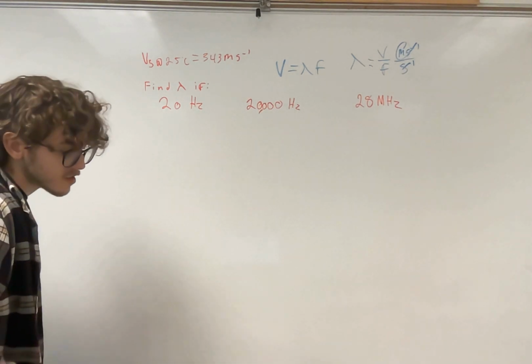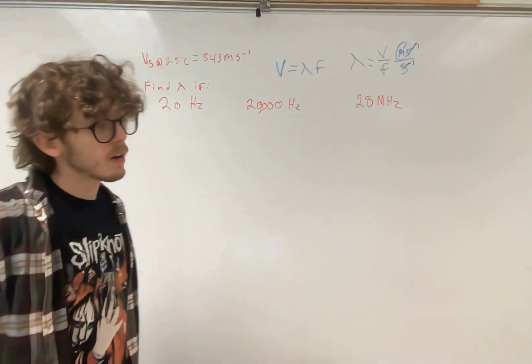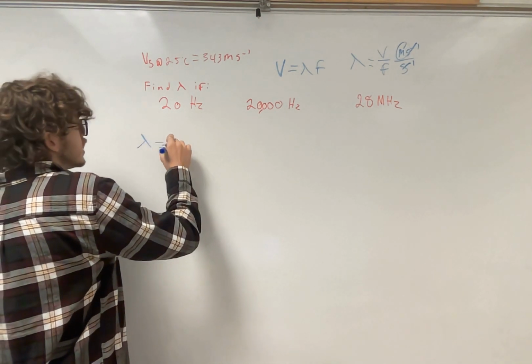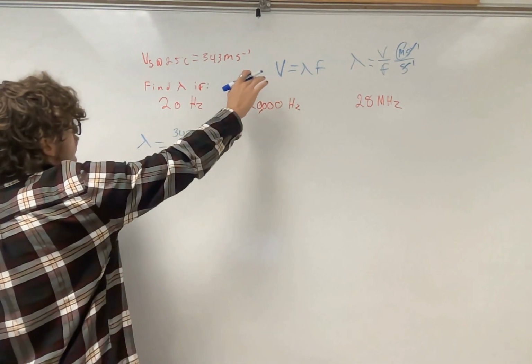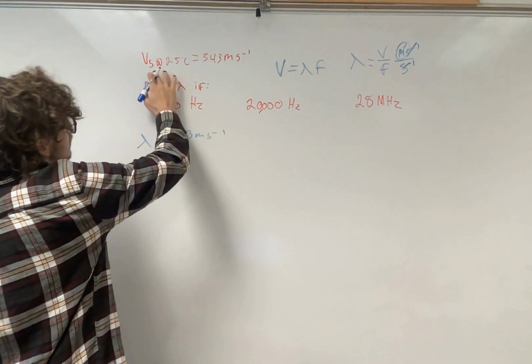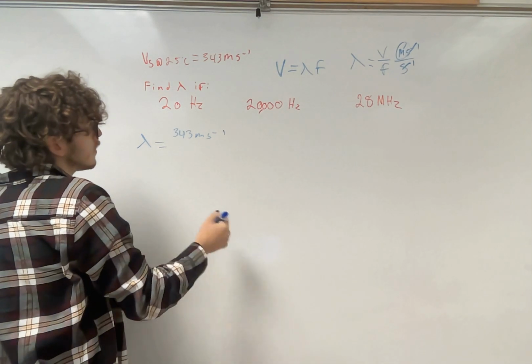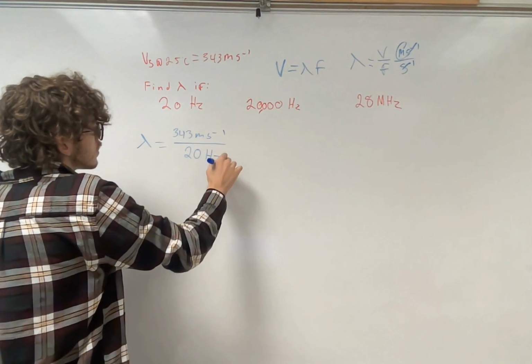So we can imagine that this wavelength is going to be quite long, okay? Why do I say this? Well, notice the relationship. Lambda equals the 343 meters a second, that's given to us here, the wave speed at 25 degrees Celsius, and we're dividing it by a relatively small number, 20 hertz.